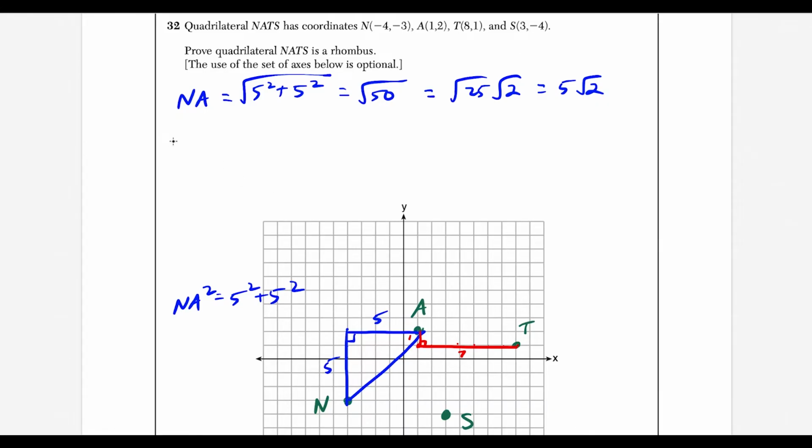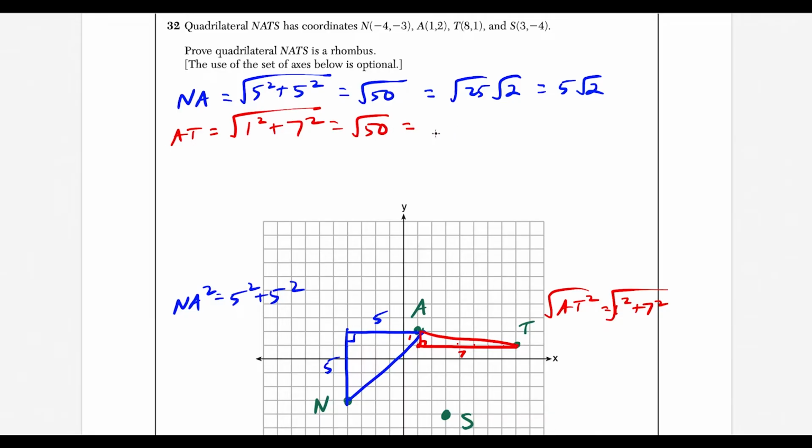So that would tell us that AT is equal to, but same idea, AT squared, that's the hypotenuse. AT squared is equal to 1 squared plus 7 squared. So I would just take the square root of this, and that tells us AT is equal to the square root of 1 squared plus 7 squared. But notice, once again, we got the square root of 50, and that's going to give us 5 square root of 2. And now we just have to repeat this for the other sides here.